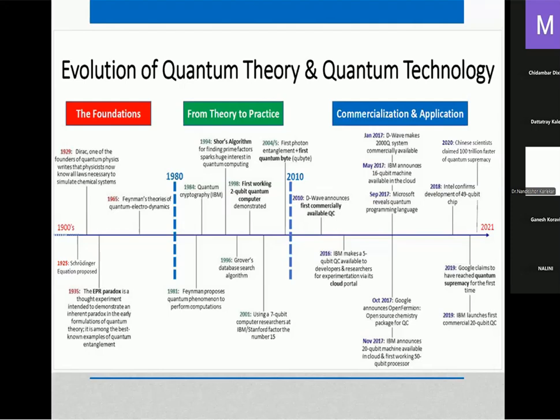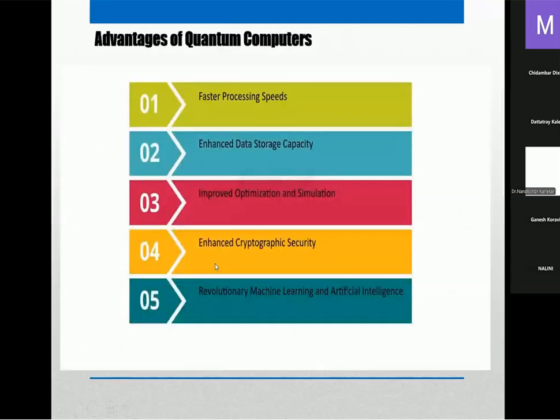The innovations are going on, and now commercial applications are available for certain big companies. Google claims to have reached quantum supremacy for the first time in 2019. More innovations are happening and we can see better supercomputers or quantum computers available for advanced research and technology.